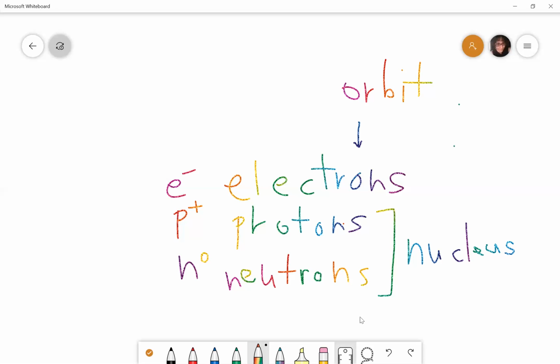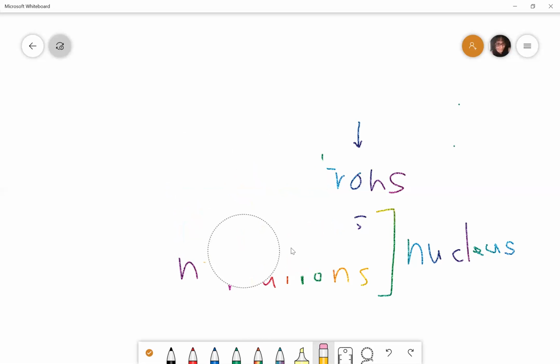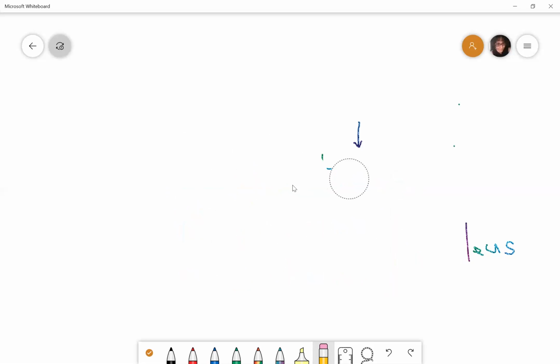So let's take a closer look at how we can represent these in more detail. I'm just going to erase our page here so we can start again. Let's say that we are looking at the element carbon.